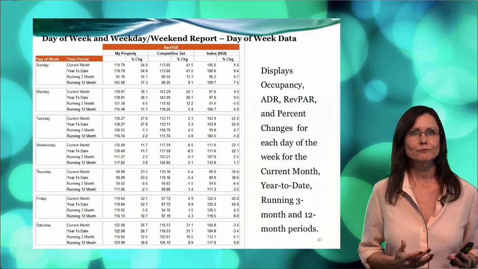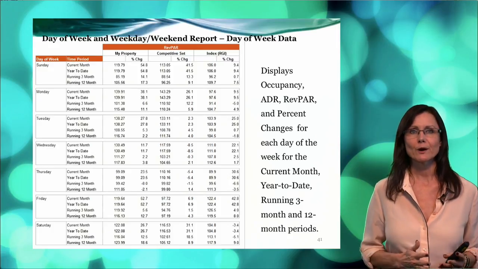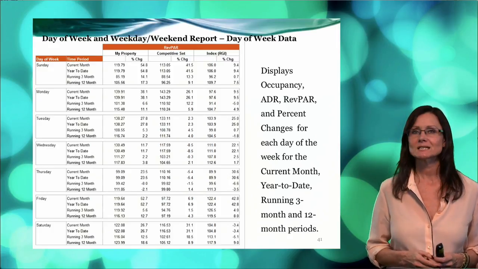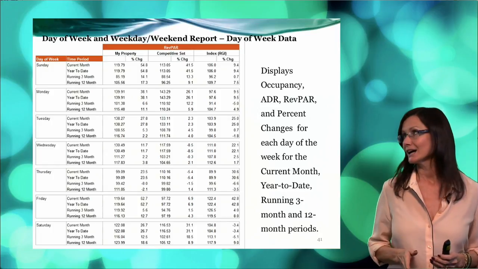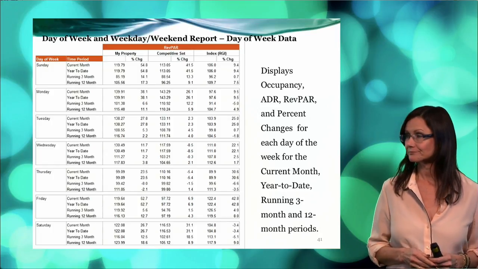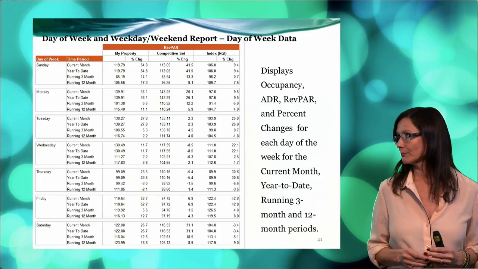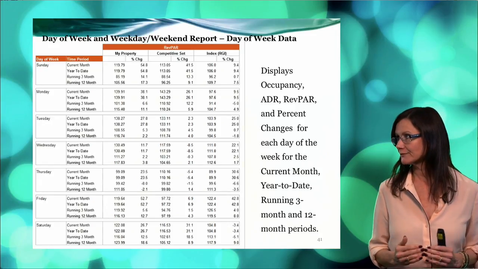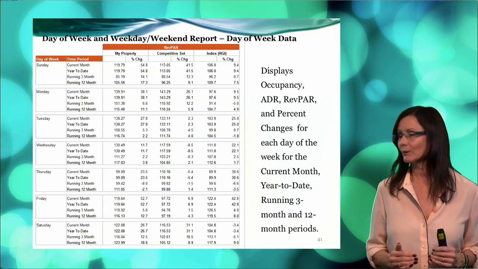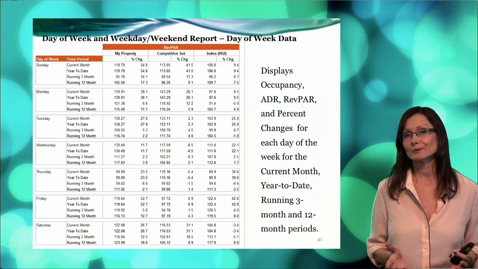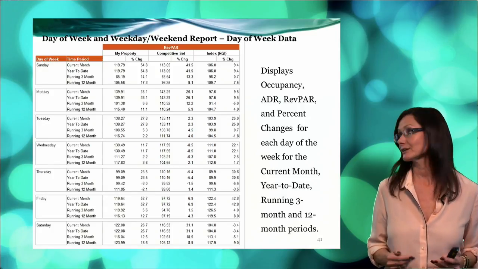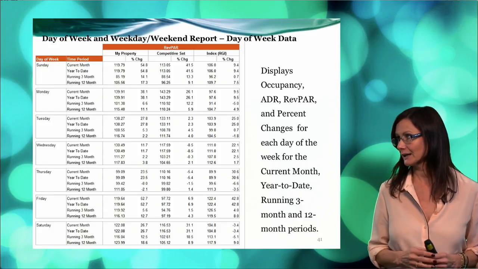What day are we performing better than our competition? What I tend to do is just have a look at the index. I scan down that column. If we just look at the current month, for instance, I can quickly identify that the day we have the highest index is the day we're performing the best, much better than our competition. That would be on a Friday for the current month.